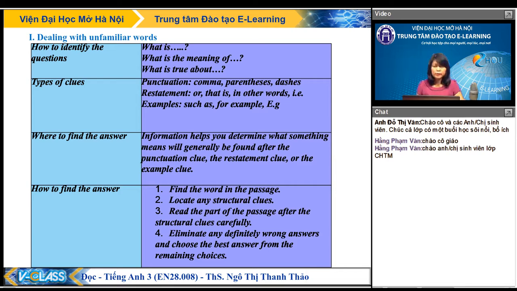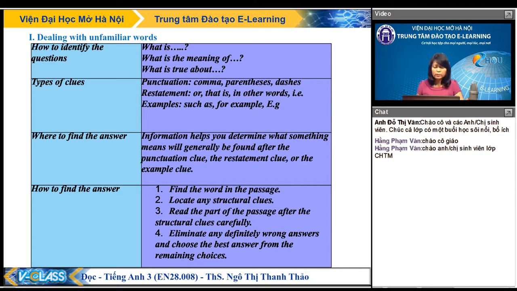So let's follow 4 different steps here when you deal with unfamiliar words exercises. First one, I'd like you to find the word in the passage. It is in the first, in the second, or in the third paragraph. Next one, locate any structural clues.